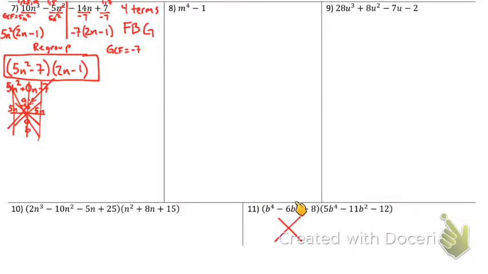Quadratic A, B, C, and our A value, the number in front of our variable, is 1. So 1, A times C is positive 8, so that goes here. Our B value is negative 6, that goes here. What multiplies to positive 8 that adds up to negative 6?